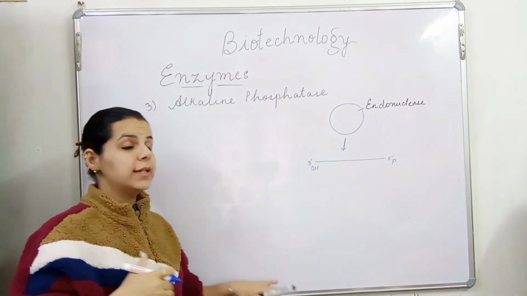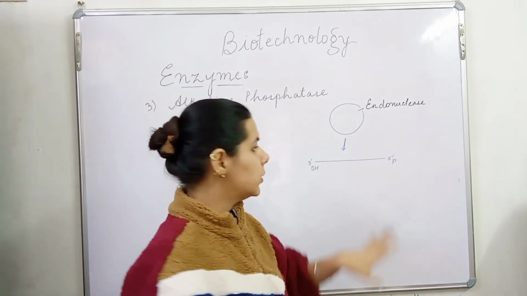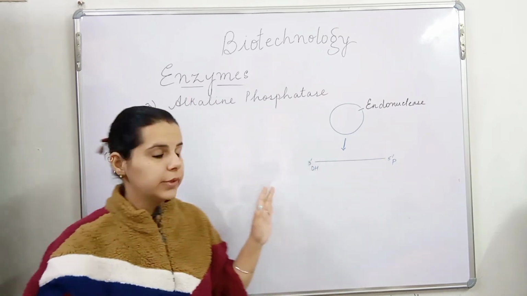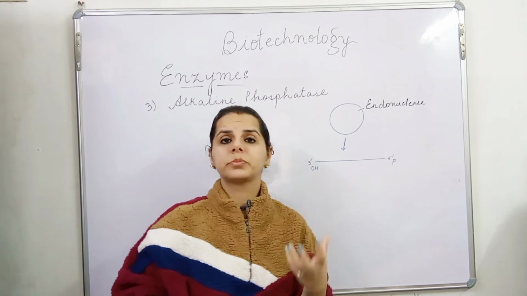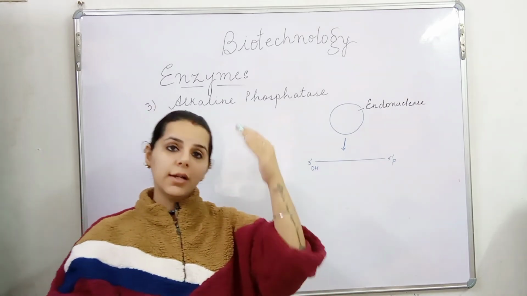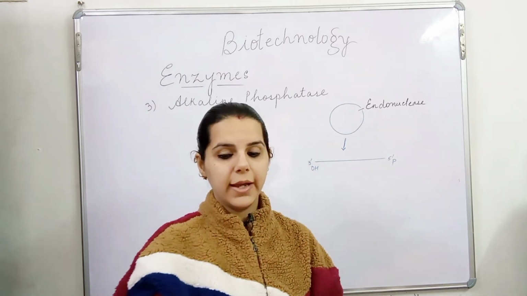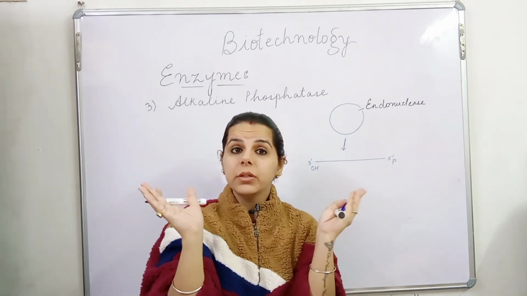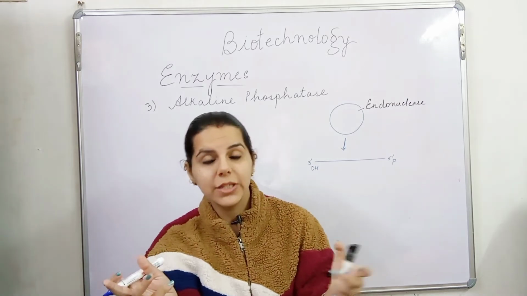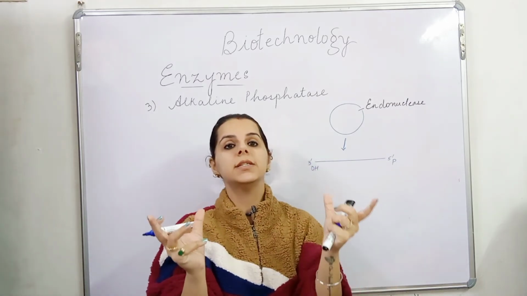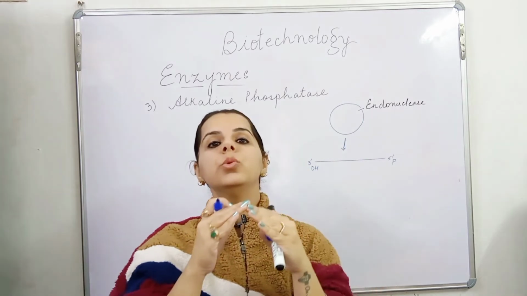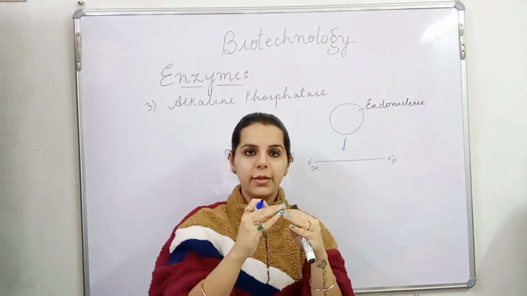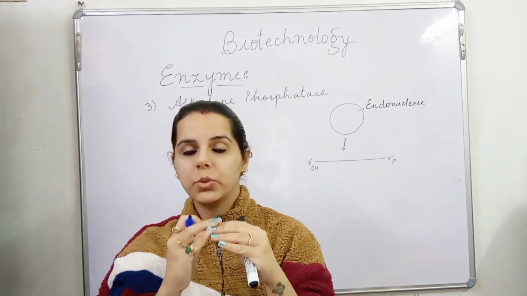We know that to make a phosphodiester bond, we need a phosphate as well as a hydroxyl group. So whenever I make a cut with the help of an endonuclease, my plasmid opens into a linear form. But because at 3' there is an OH and at 5' there is a phosphate, it has a tendency to form a circular form again, to join again, forming the phosphodiester bond.